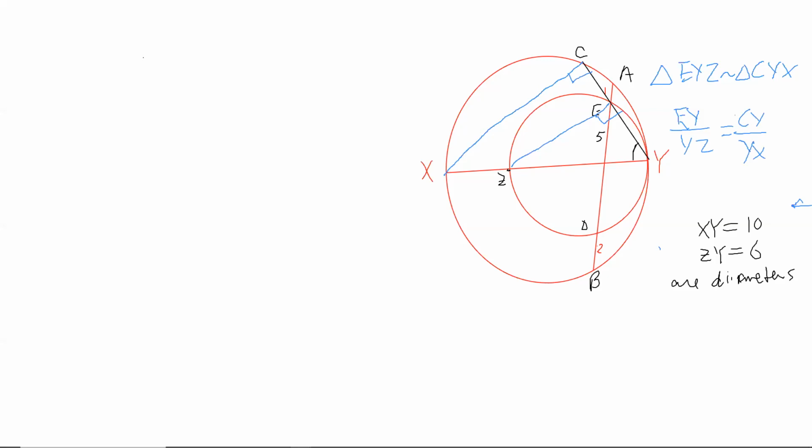I'm just going to write it all over here on the left-hand side. I called EY Z, so that we can see the relationship between EY and CY. Since we know YZ is 6, Z over 6 is going to be equal to CY over 10. So this means CY is just 5/3 of Z.